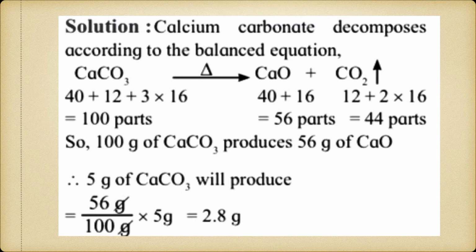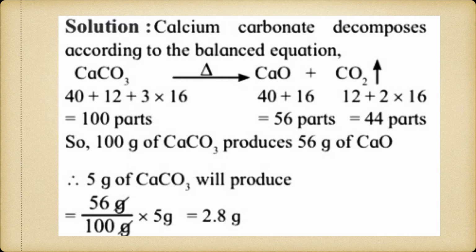CaCO3 will be 40 plus 12 plus 3 into 16, which gives me 100. For CaO, it is 40 plus 16, I will get 56 parts. And for carbon dioxide, 12 plus 2 into 16, I will get 44. Instead of parts, you can write grams as well.